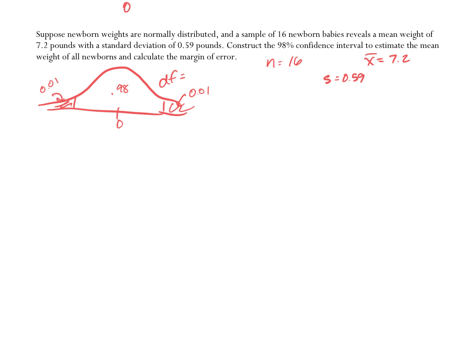What would my degrees of freedom be, by the way? 15. And what are we getting for t? 2.602. Okay. And so that means I'll have 7.2 plus or minus that 2.602 times 0.59 over the square root of 16. Because it's not over the square root of the degrees of freedom, it's over the square root of the sample size.